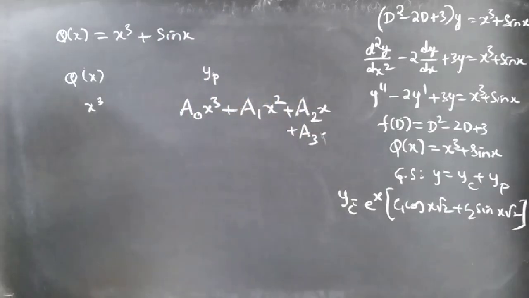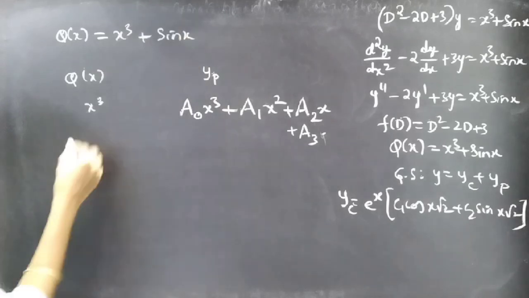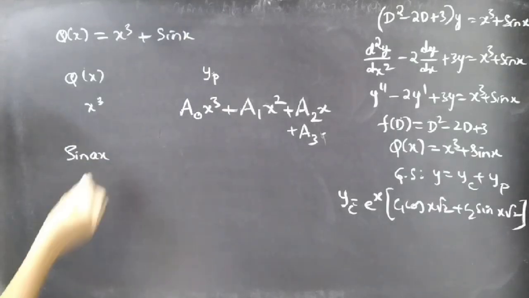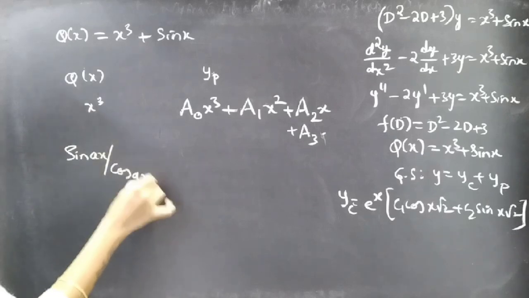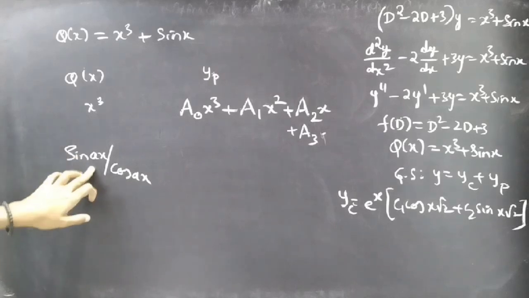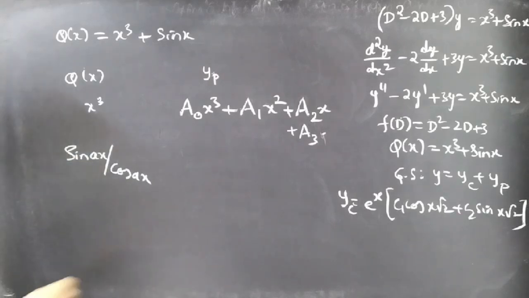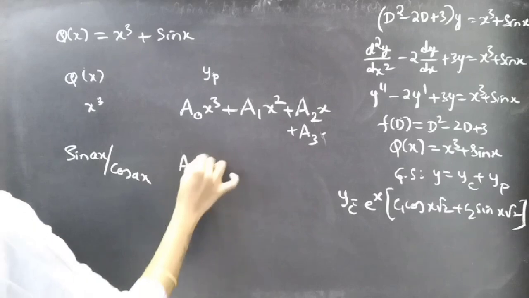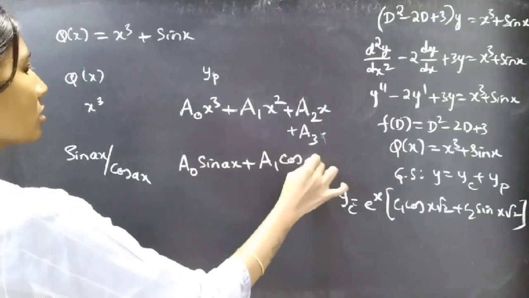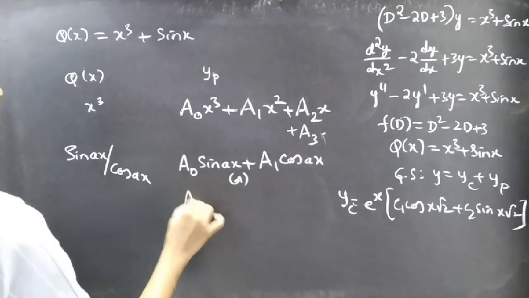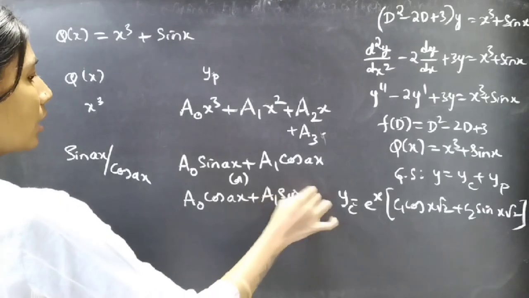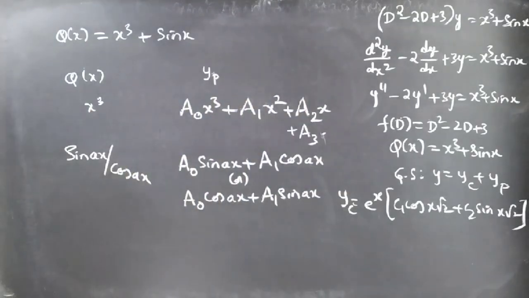Likewise, when you have sin ax or cos ax, yp corresponding to this q of x will be a0 sin ax plus a1 cos ax, or we can write it as a0 cos ax plus a1 sin ax. Okay, we'll see how.